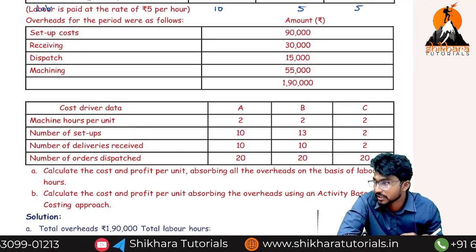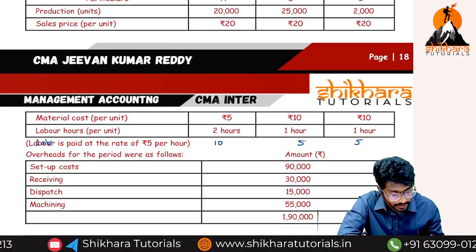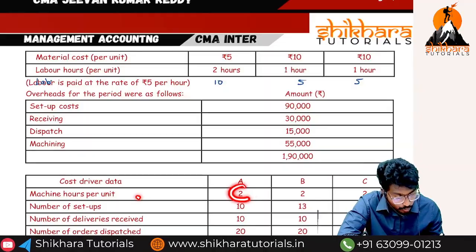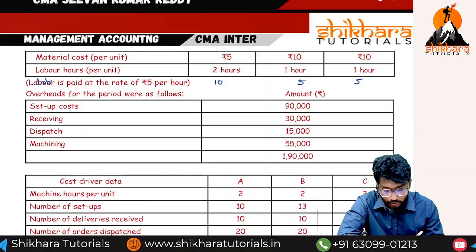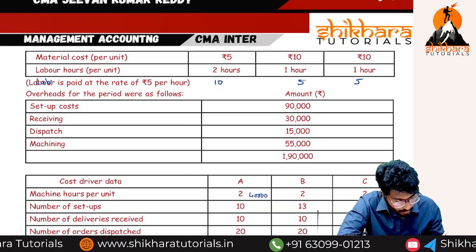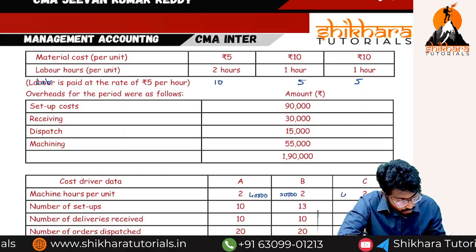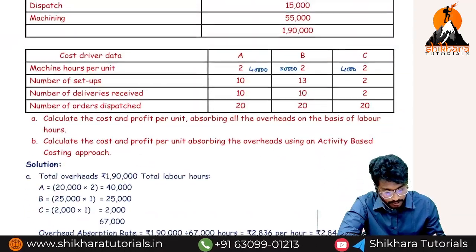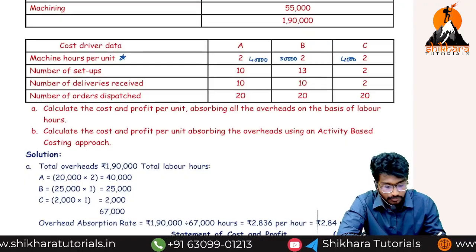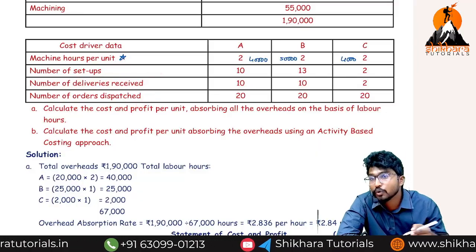You use 10 setups for the entire 20,000 units, but the machine hours here are 2 per unit. Then for the total number of units it will be 40,000, here 50,000, here 4,000.